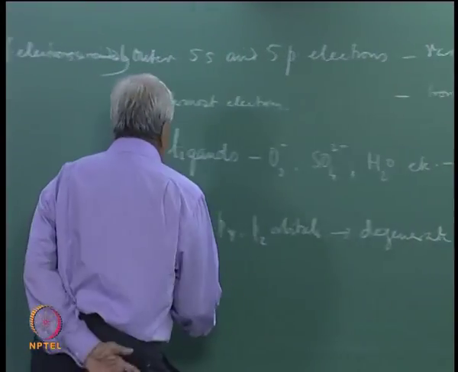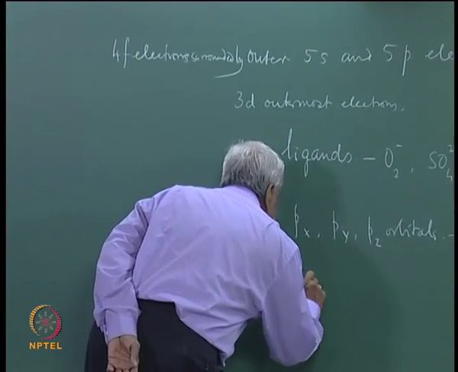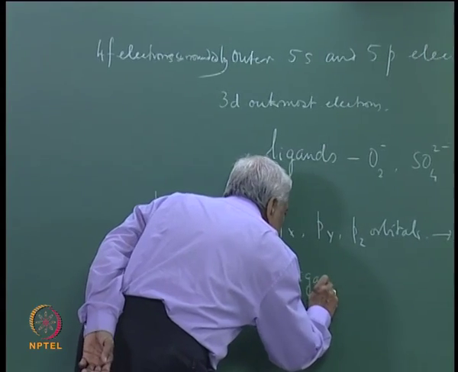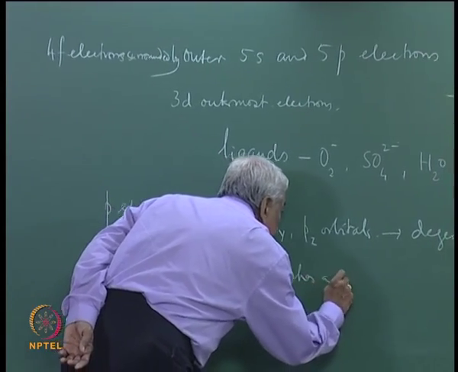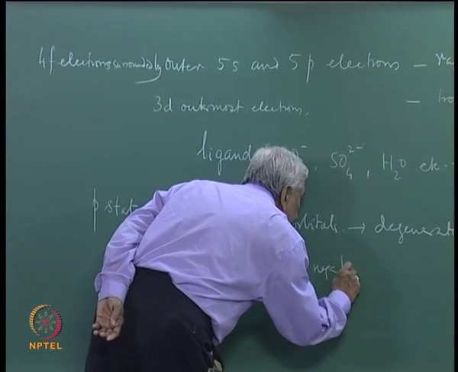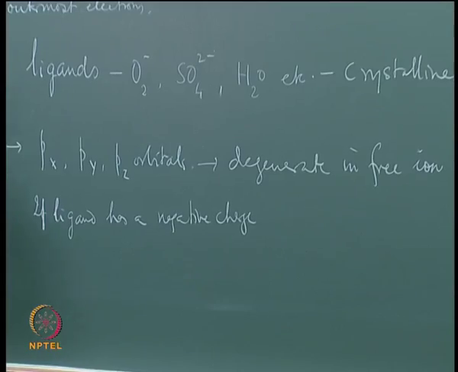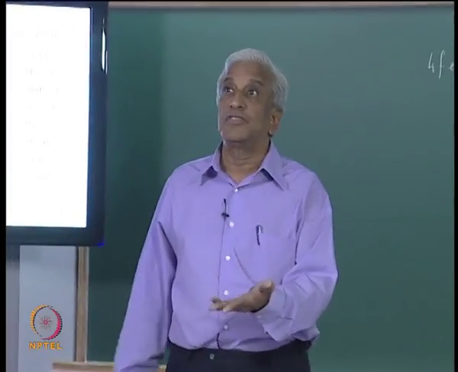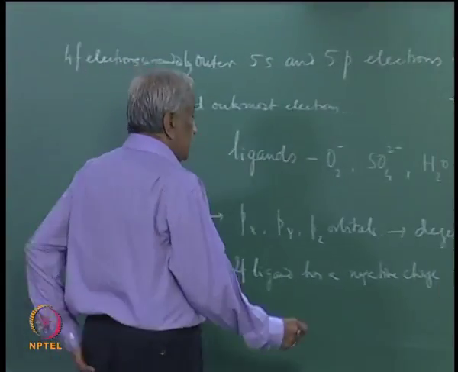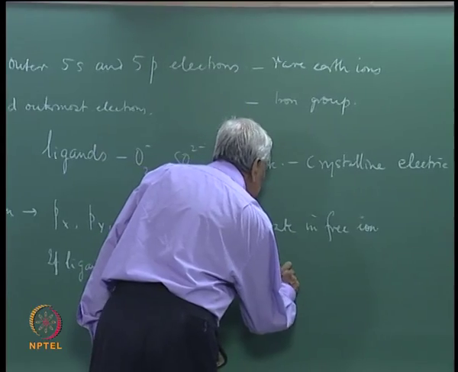So, if this ligand has a negative charge next to the electronic cloud, then the electron cloud will be repulsed by this negative charge, and therefore, the energy of this particular state will go up, it will be increased.